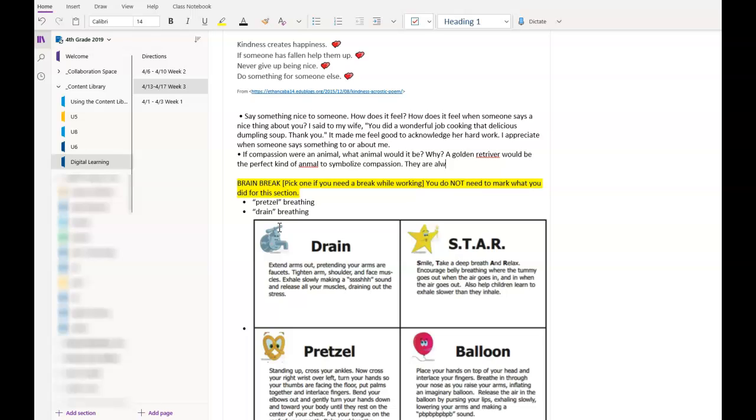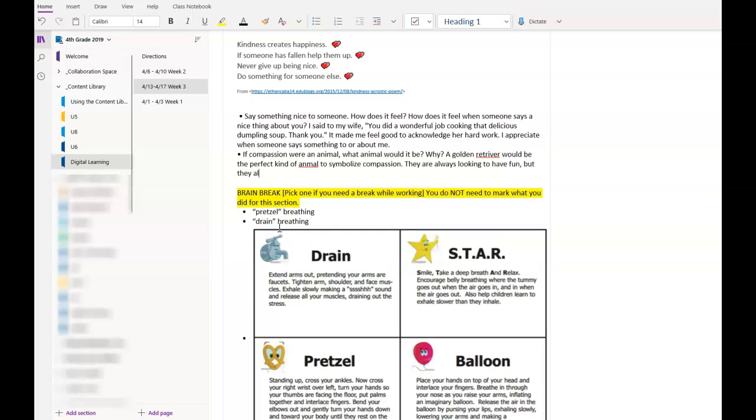They are always looking to have fun, but they also always want to comfort their owners when they are sad.